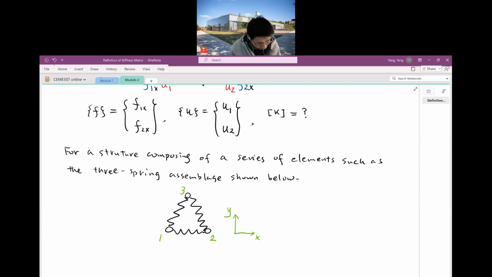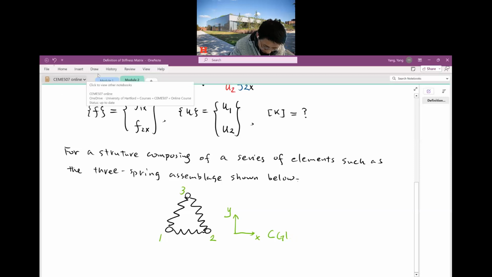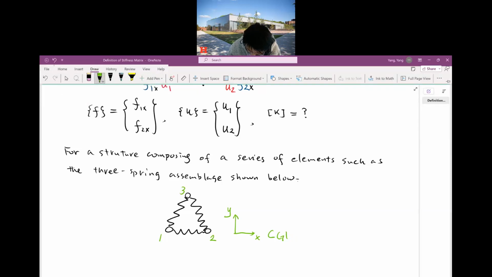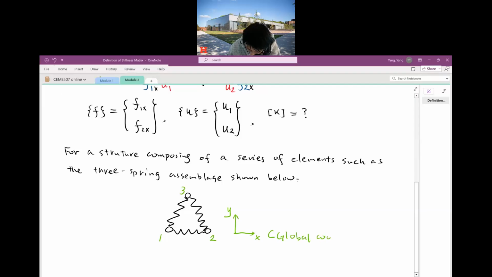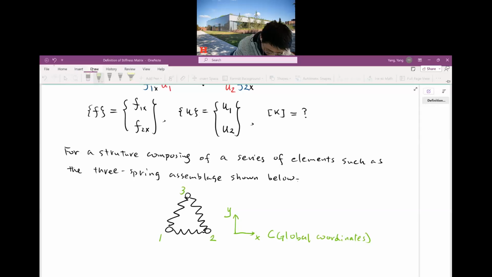So this is a global coordinate system. Here we will have the forces. So firstly, let's consider the displacement. Because of the geometry, we need to consider movements in both the x and the y direction.